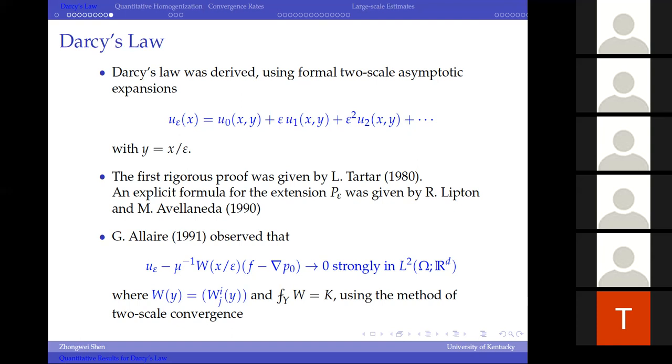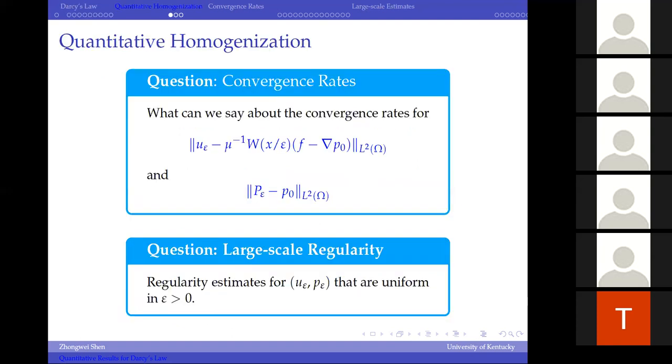Okay. So the problem I want to describe today, the problem I've been interested in for the past 10 years, is so-called quantitative homogenization. From the qualitative homogenization, we know the solution has a limit, and the limit satisfies certain equations. Here we'll be concerned with the precise or sharp convergence rates.